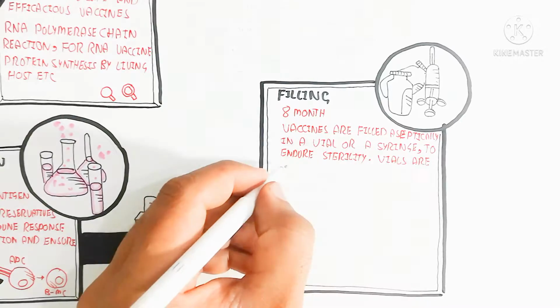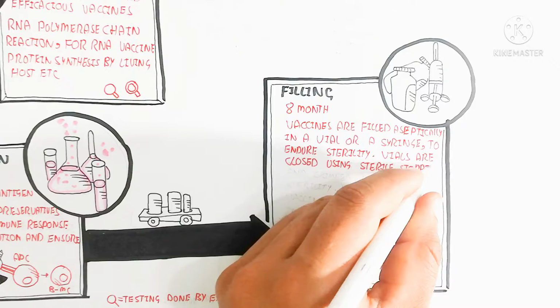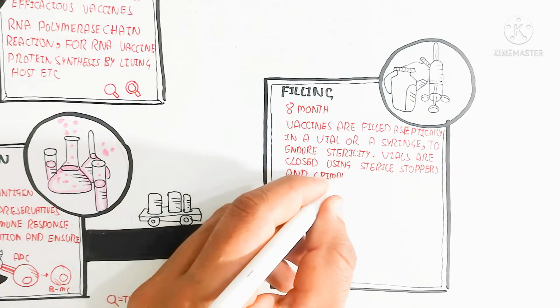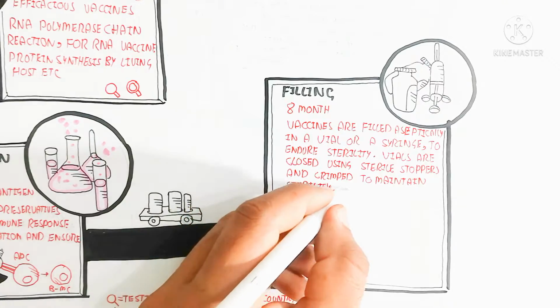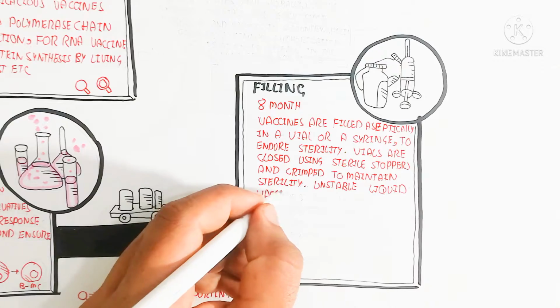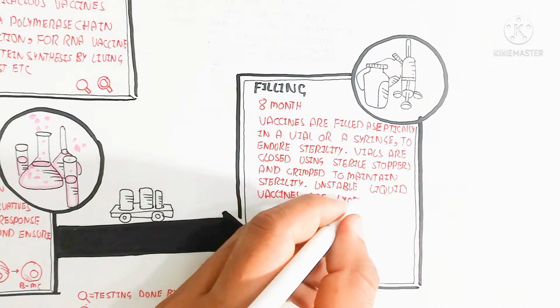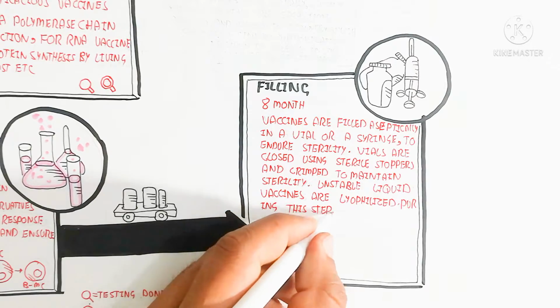The vaccine is filled aseptically in a vial or syringe to ensure sterility, free of infection and contamination, and vials are closed using sterile stoppers and crimped to maintain sterility.